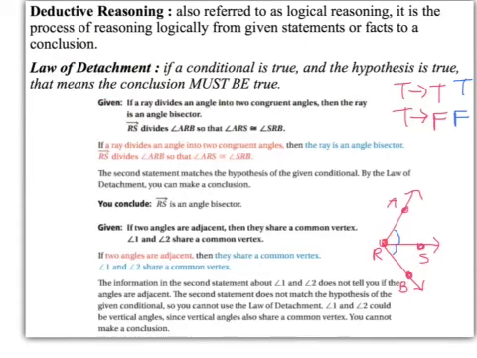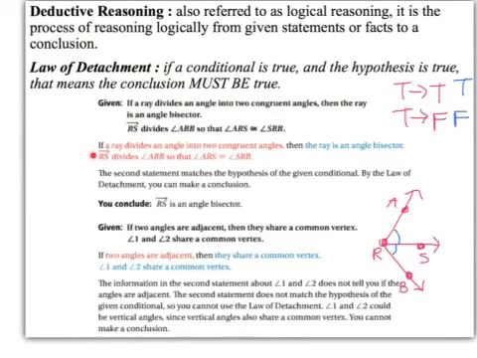So, working this out using deductive reasoning, if a ray divides an angle into two congruent parts, then the ray is an angle bisector, so we have our hypothesis and our conclusion. It's telling us that ray RS divides it into two congruent parts, so it's telling us that the hypothesis is true. The second statement matches the hypothesis of the given conditional.